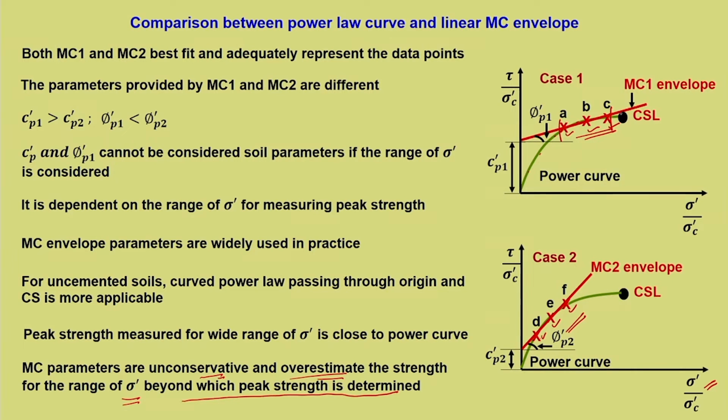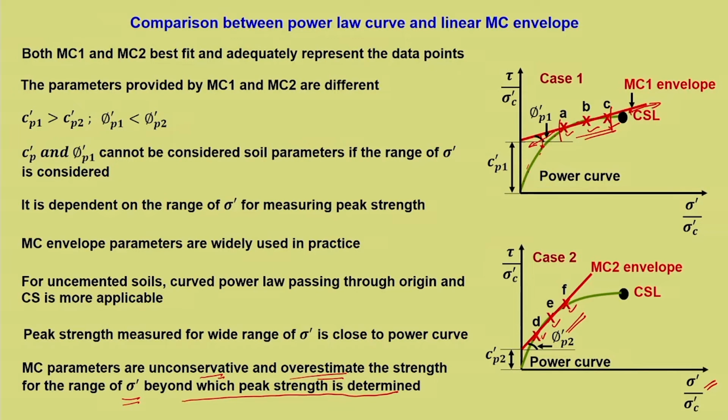But the moment it exceeds the range, towards this side and towards this side, we can see that the Mohr-Coulomb failure envelope is above the power curve. If this is the actual strength available, the predicted strength based on Mohr-Coulomb towards the lower end is this, and similarly, at the upper end it is this. So, it is an overestimation, and whenever we overestimate strength, it becomes more unconservative.